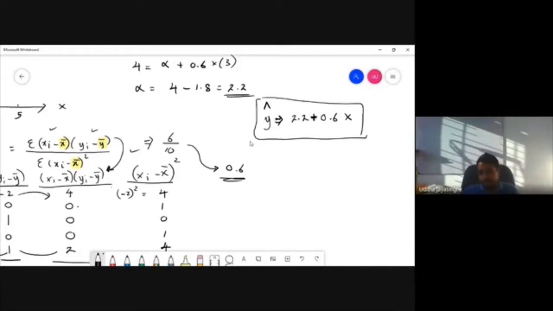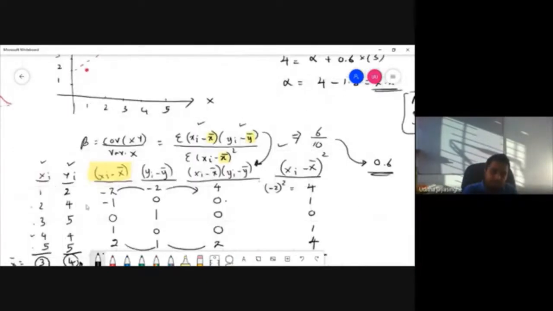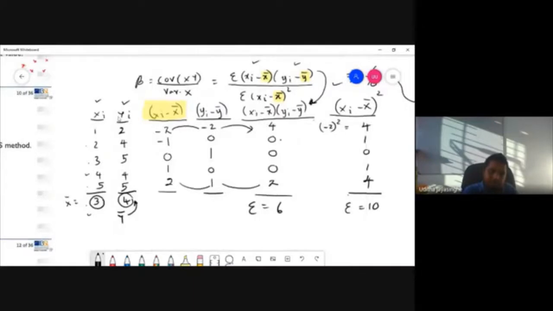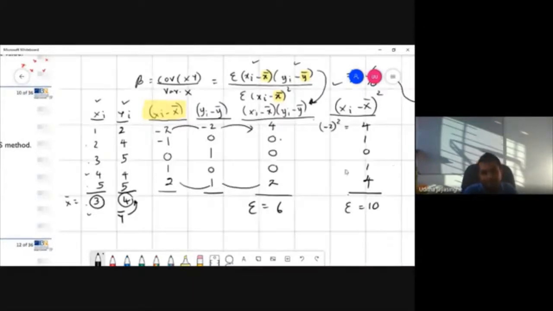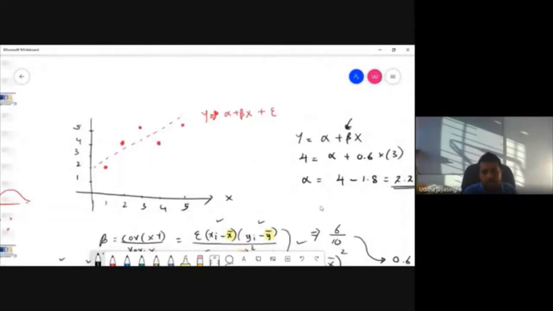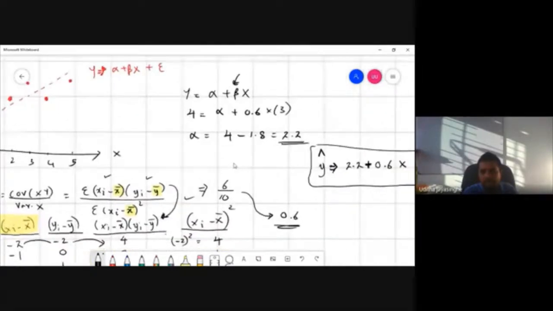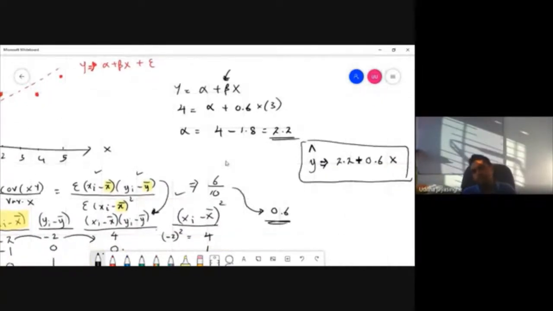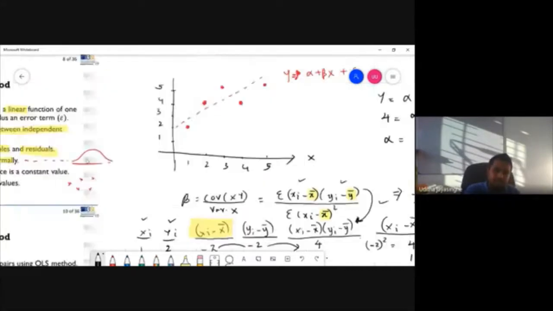That means for all these individual data points, 1, 2, 2, 4, 3, 5, 4, 4 and 5, 5, the scatter diagram that we drew here will be represented or replicated by this equation of y hat equal to 2.2 plus 0.6x. That's about it. That's a simple classic example of how to calculate the best fitting line, the individual components of alpha and beta, using the ordinary least squares method.